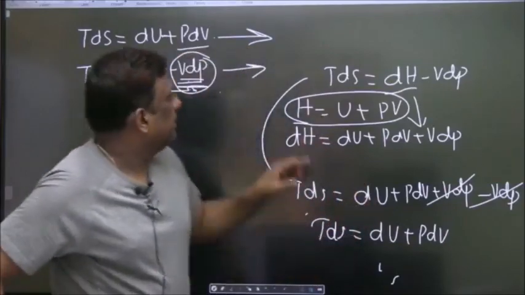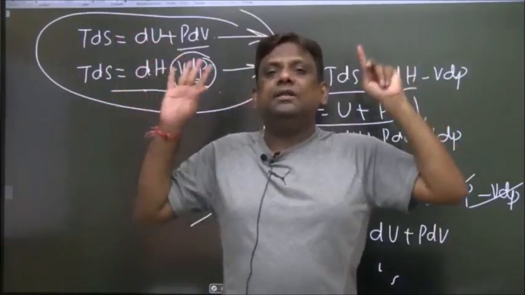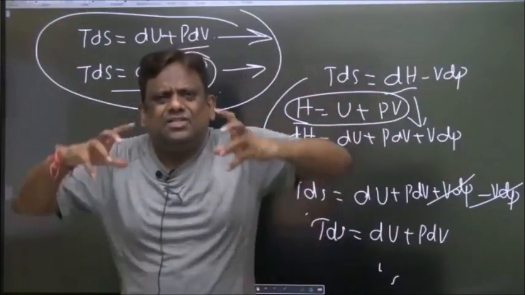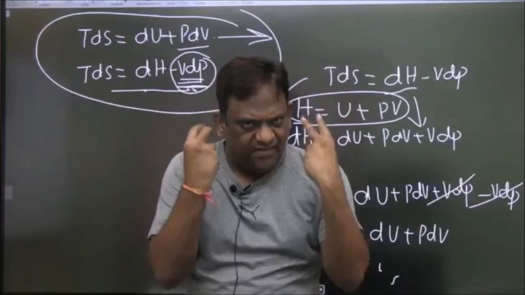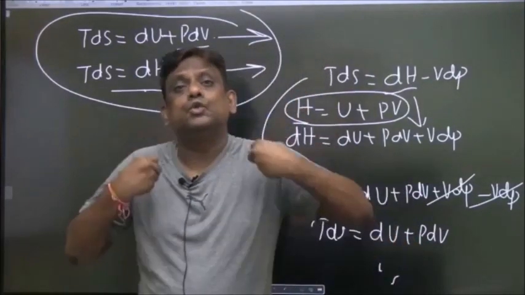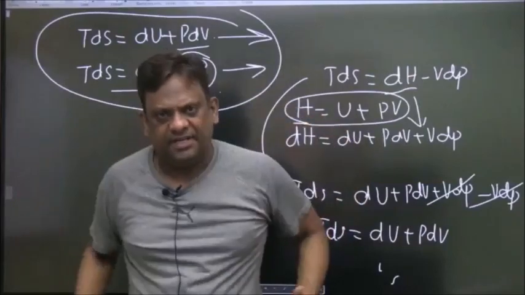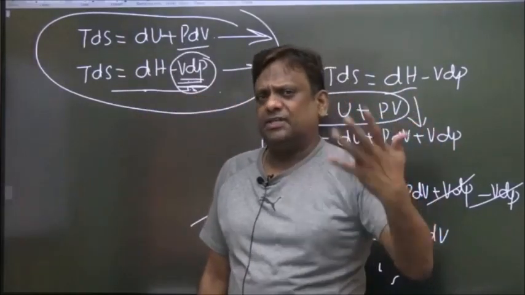But please note down that for these two equations there is no limitation. You can use them wherever you need. For the first time I am giving you equations where there is no restriction, no limitation. So TdS is equal to dU plus PdV, TdS is equal to dH minus VdP.